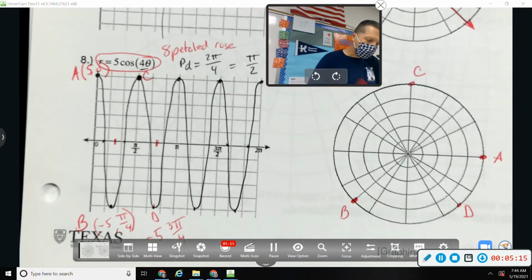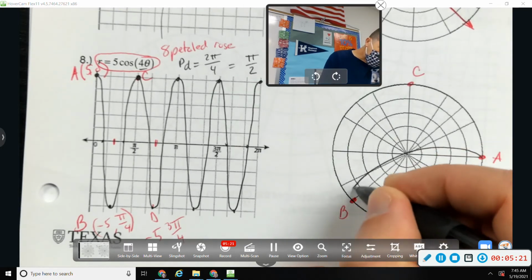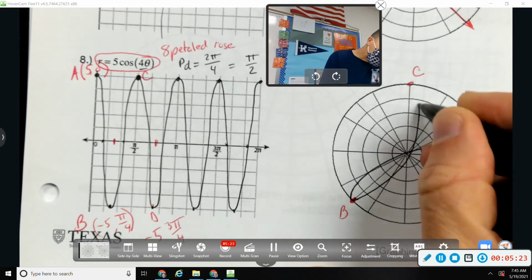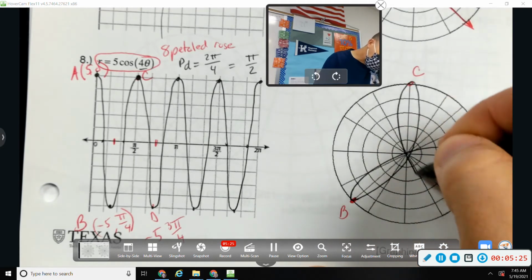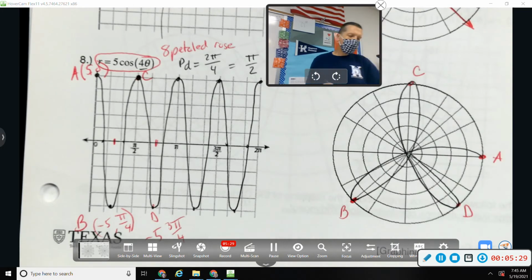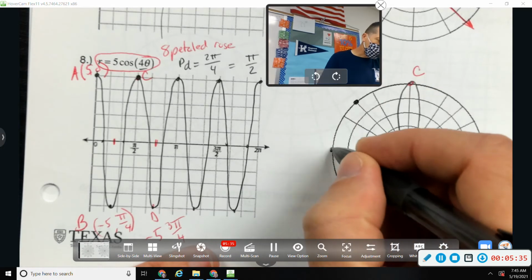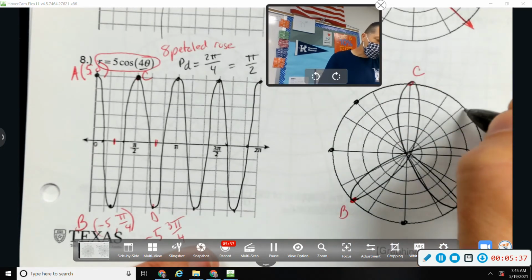Well, let's draw it by hand, and then we'll see how the calculator draws it. So if I was drawing by hand, this is what it would do. A to B, C to D. Now, you usually aren't going to draw it that way, especially if there's 8 of them. You know they're going to be equally spaced, and so you just figure out what the spacing is.